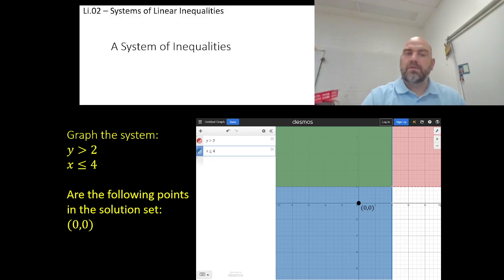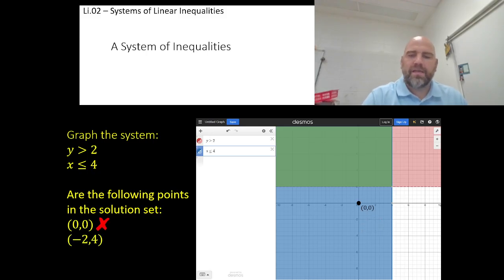Well, is it in the red region? No. 0 for y is not greater than 2, so it does not work. It's in the blue region, which is good, but it has to be in both, which is that green region I've made on this graph. So in fact, (0, 0) is not a part of the solution set.